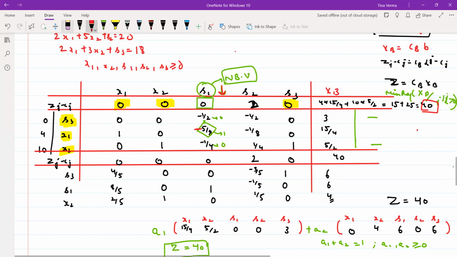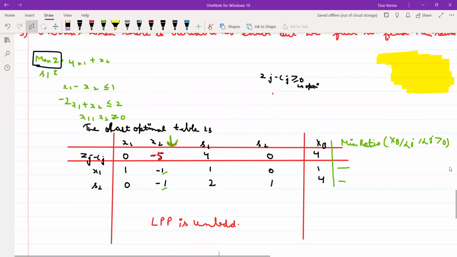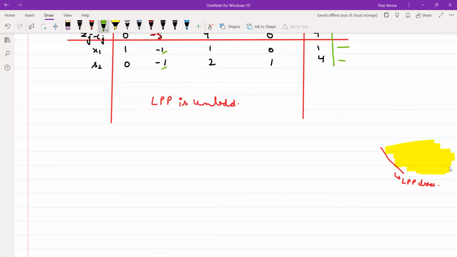So in that case, when corresponding to any of your non-basic variables is 0 and you do not have any leaving variable, then LPP is bounded, but the feasible region is unbounded. Got my point? We have done the example in the graphical method, right?